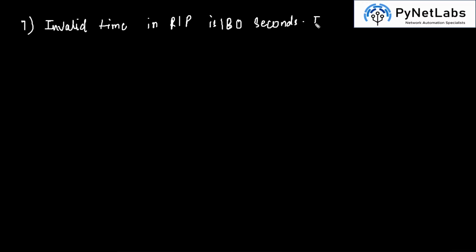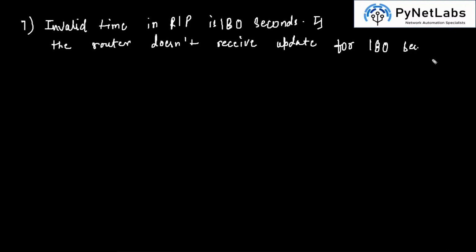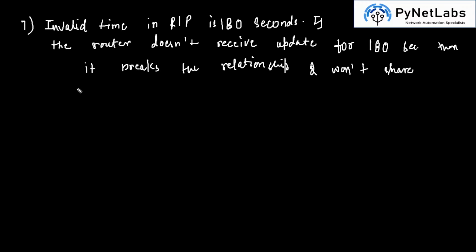If the router doesn't receive route updates for 180 seconds, it breaks the relationship and won't share further updates.